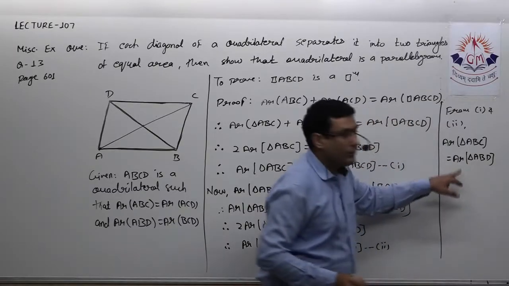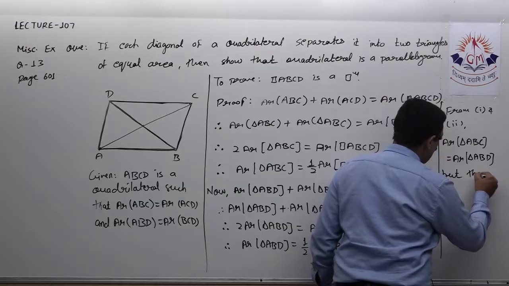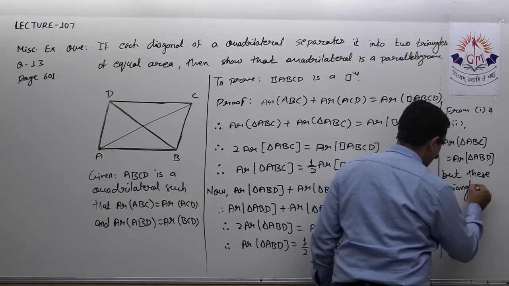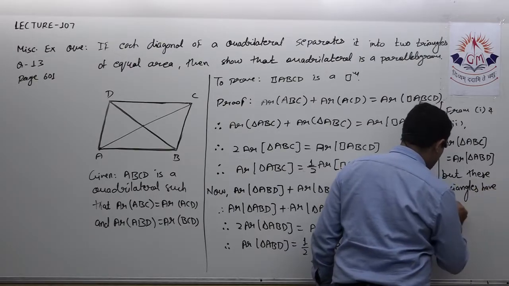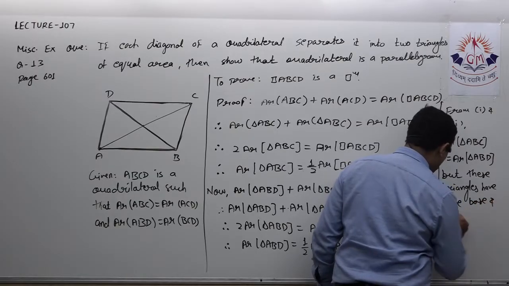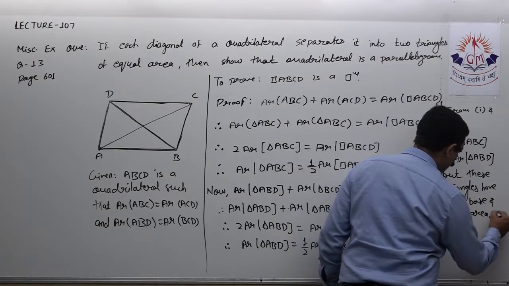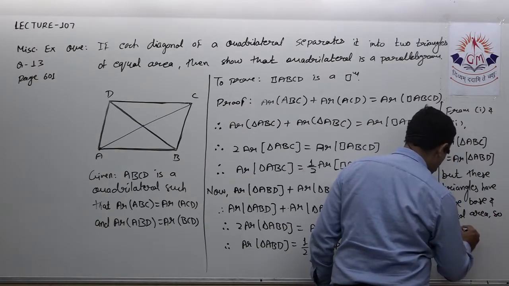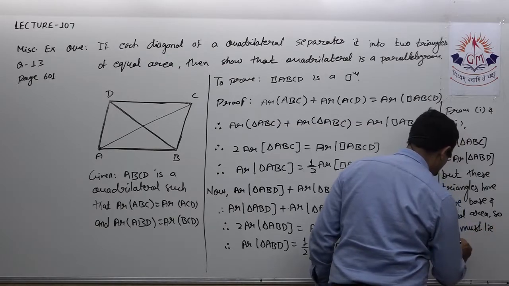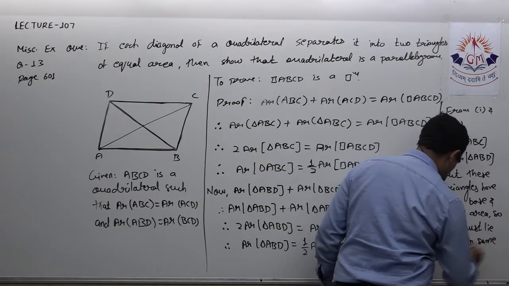Now these triangles have the same base and equal areas, so they must lie between the same parallels.